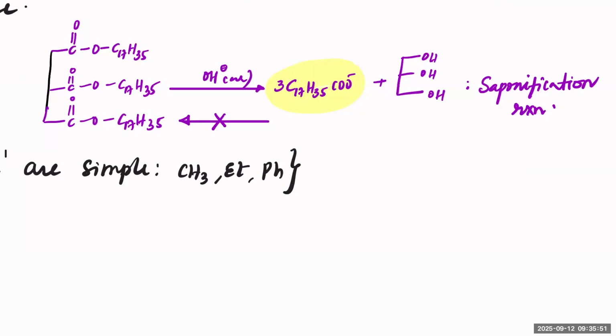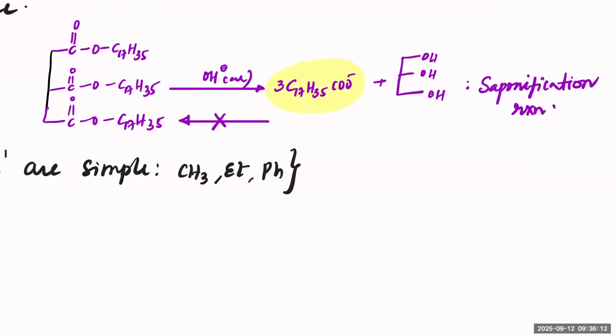On doing that, what do I get? You will get 3 moles of this acid form. This is called stearate. If it is with sodium, it is called sodium stearate. Sodium stearate is the soap. And along with that, what is left over? Glycerol. So it is both preparation of soap as well as preparation of glycerol.